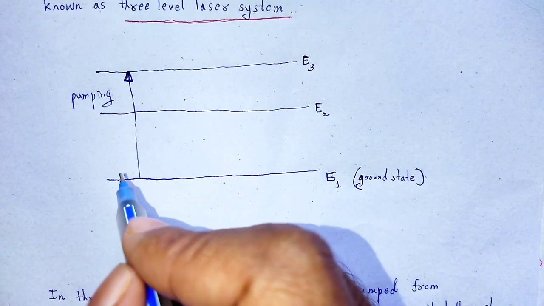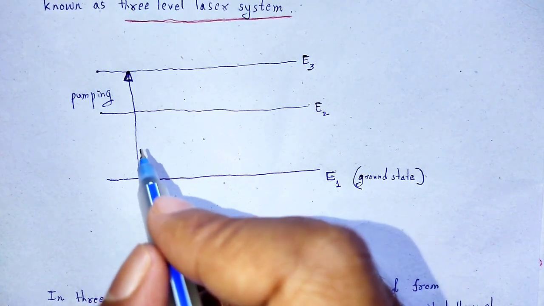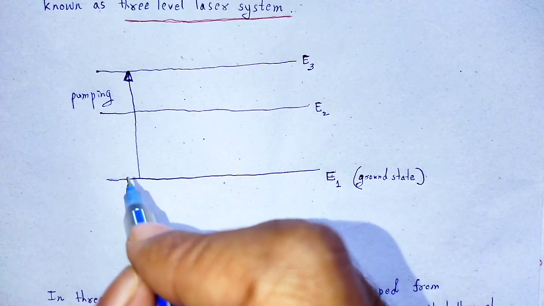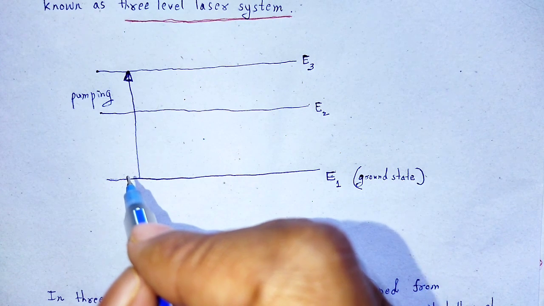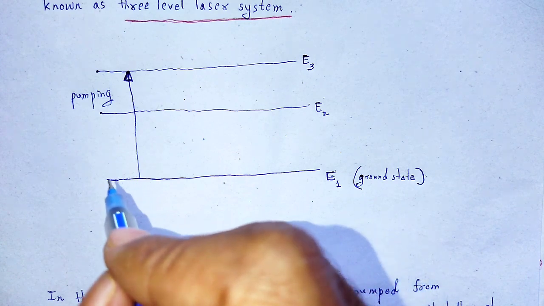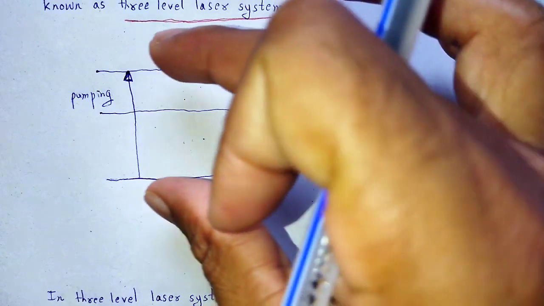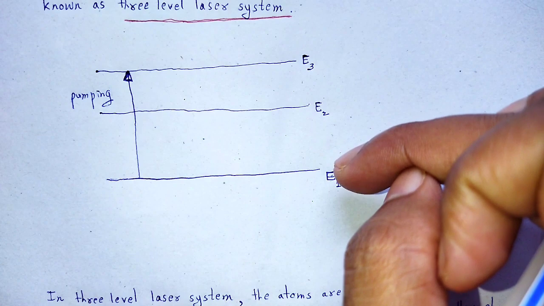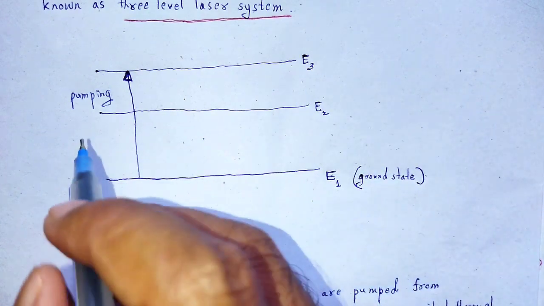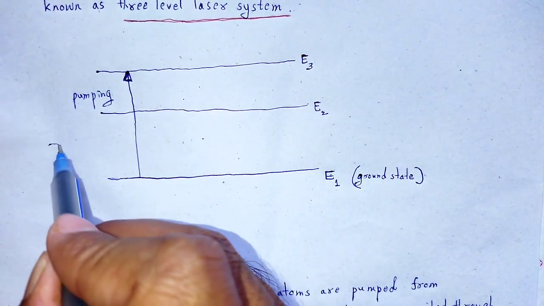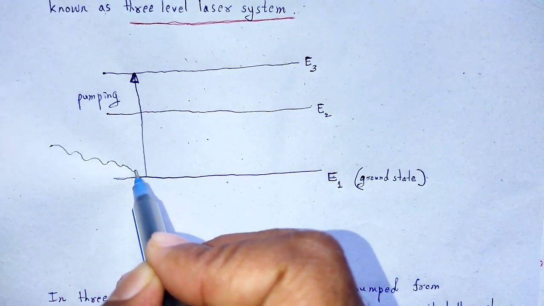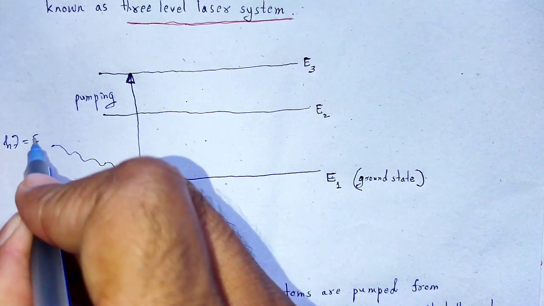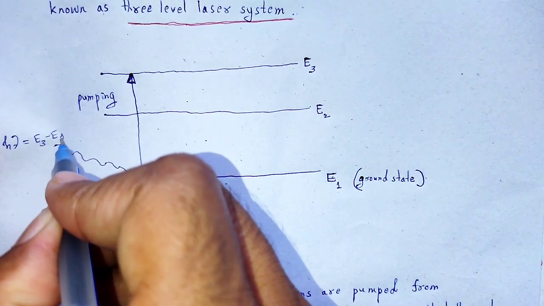Stimulated absorption is the process in which the ground state atoms require an amount of energy equal to the energy difference between these two levels, that is E3 minus E1, which is equal to the photon of energy h nu.